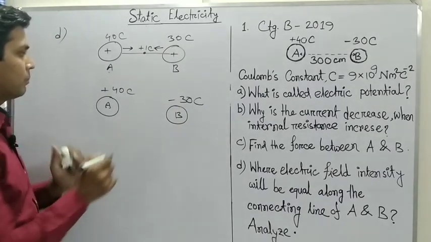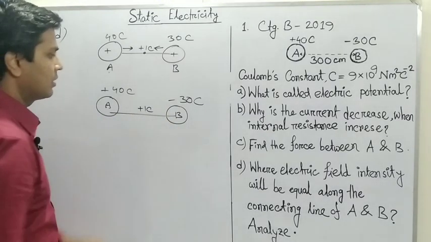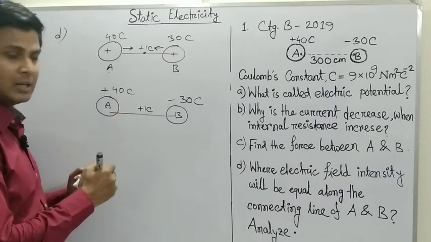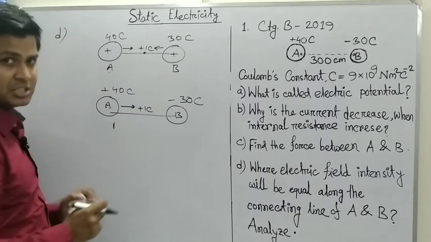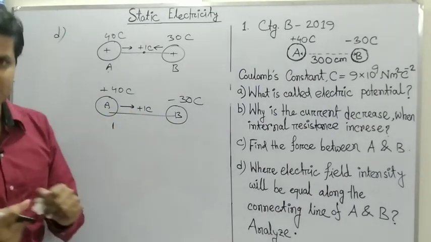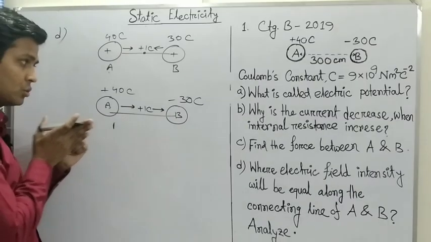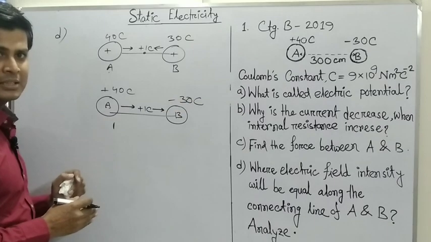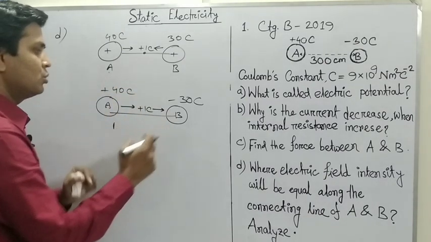And if you place a test charge, that means 1 coulomb charge, in between the two charges, then from charge A the test charge will feel repulsion along the direction from A to the test charge, and from charge B the test charge will feel attraction, and that is why the charge will go towards the outside of B. Though the two forces act along the same line, the test charge will not remain stationary in the middle between the two charges A and B.